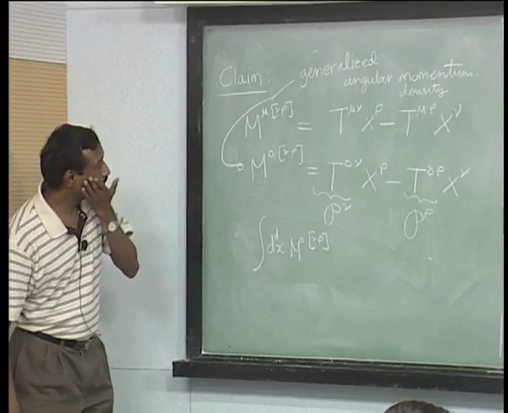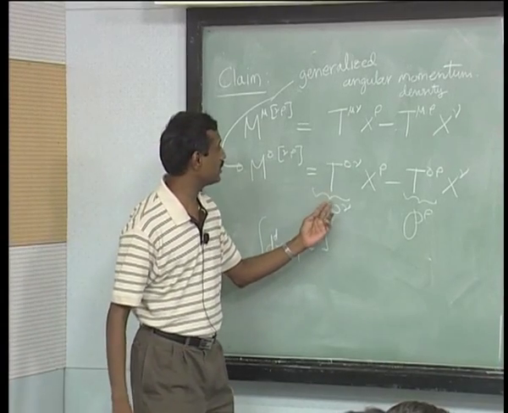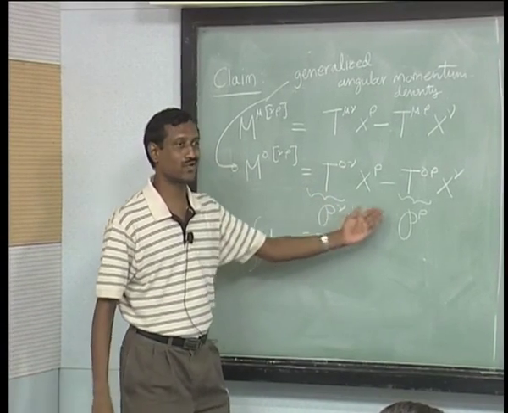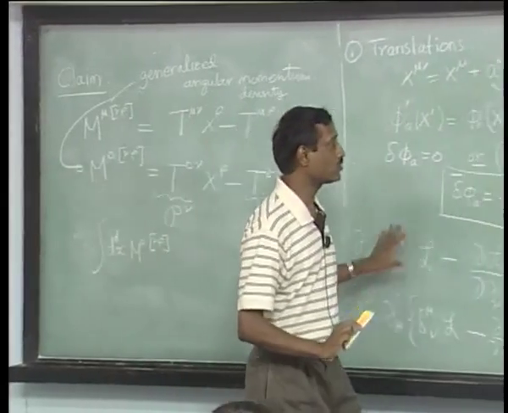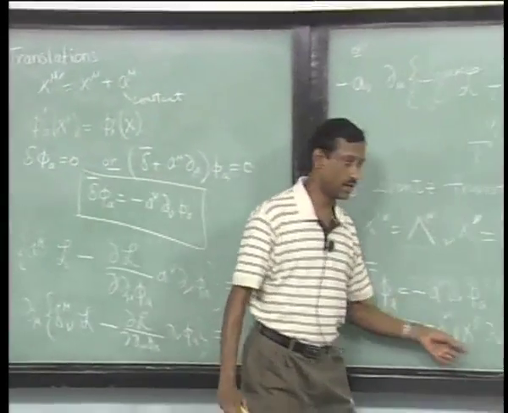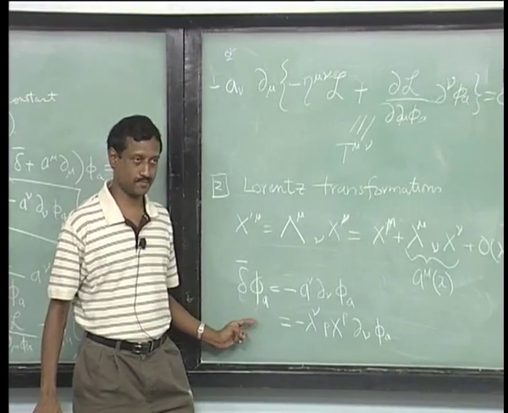Okay. So, it is kind of nice that we see here that this is of the form of r cross p. But what we will see is that that is because we chose our fields to be scalars.